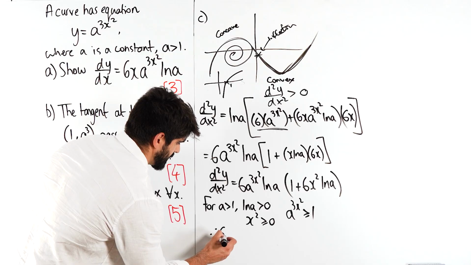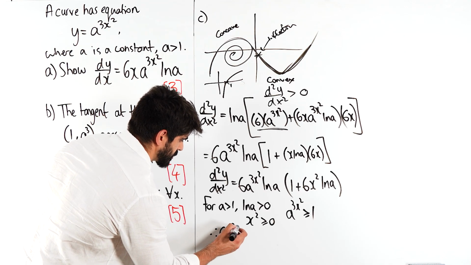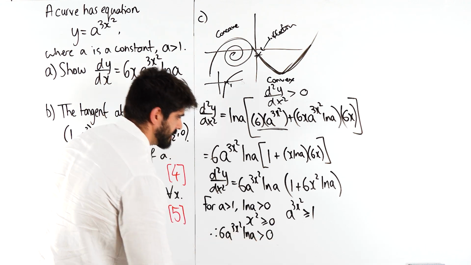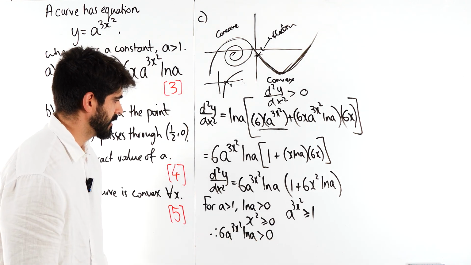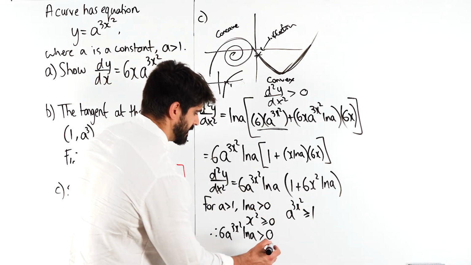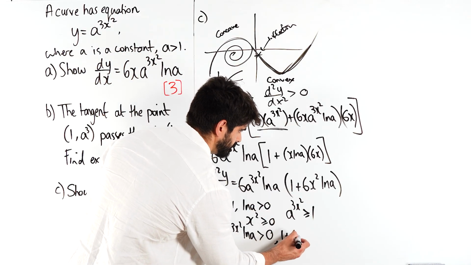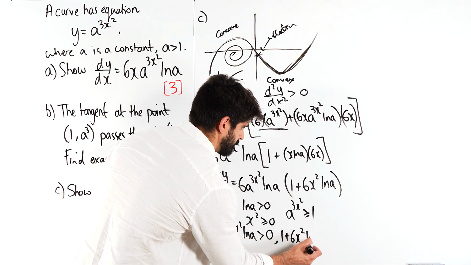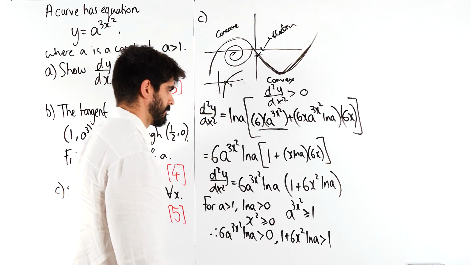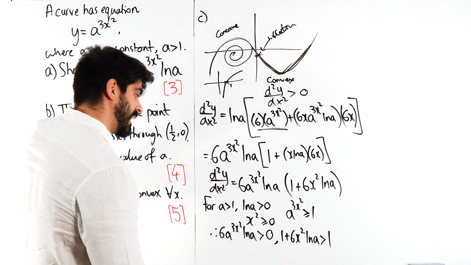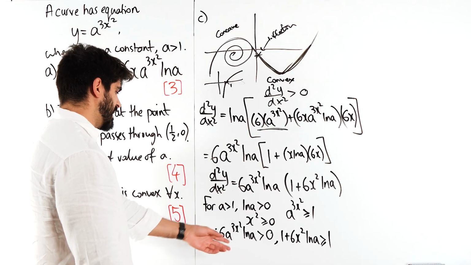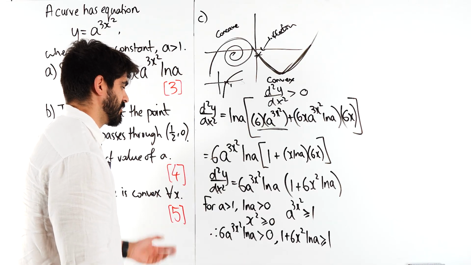Therefore, 6a to the power of 3x squared ln a has to be bigger than 0. Yeah, because that's at least 1 and that's bigger than 0. And this has to be at least 1. Okay, can it equal 1? It can. Which then leads to actually this just being bigger than 0 anyway.